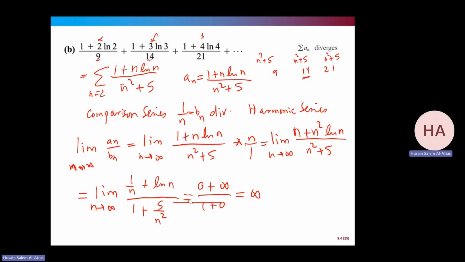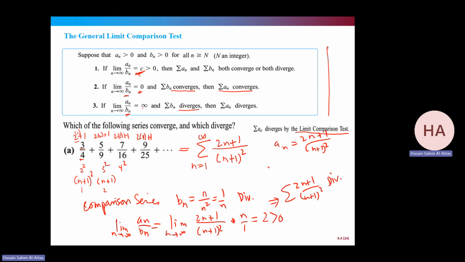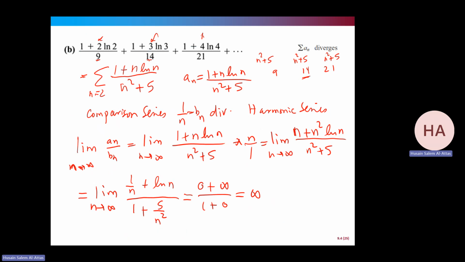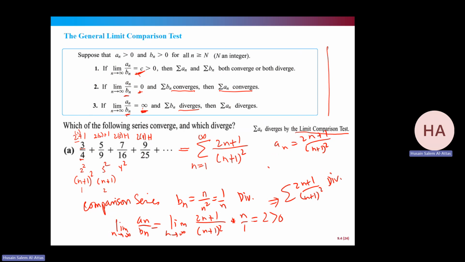Now if we apply the limit, you have 0 plus infinity over 1 plus 0, which is infinity. The limit comparison test said the limit should be finite and positive. This is not finite, it's infinity. So I have this case: the limit of An over Bn is infinity, and also the series Bn diverges. So this one will diverge.